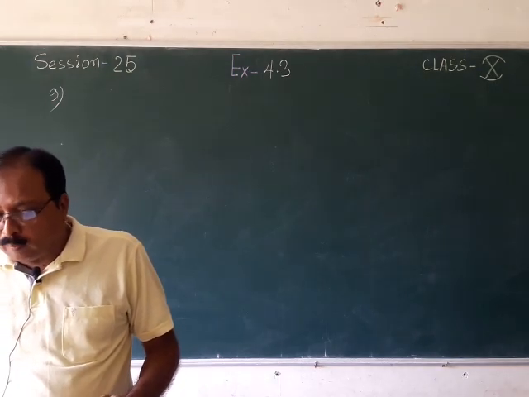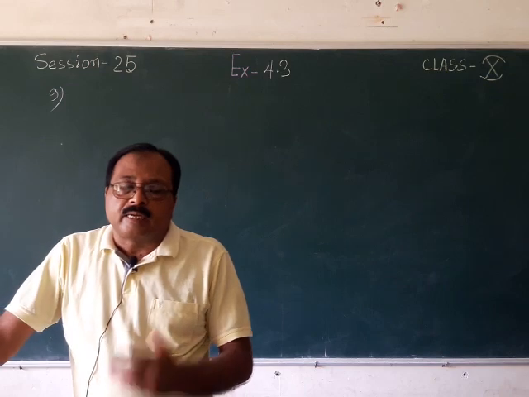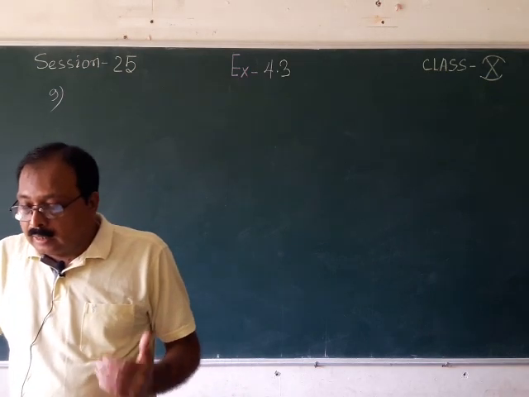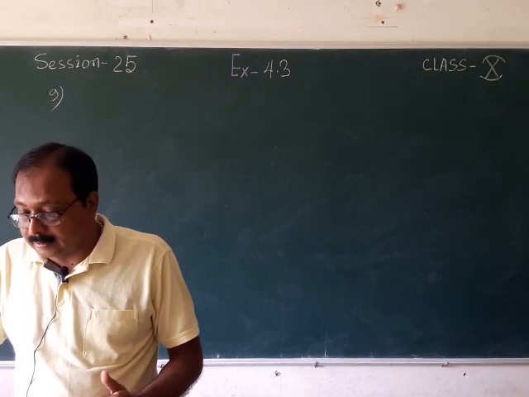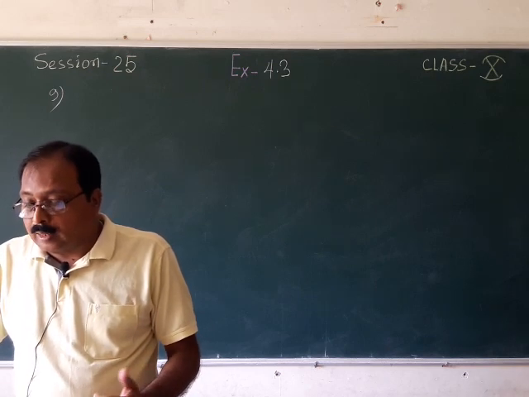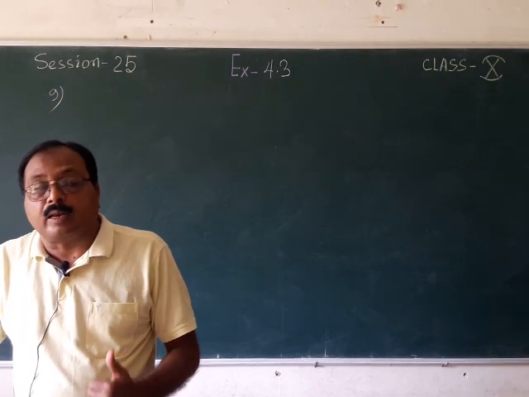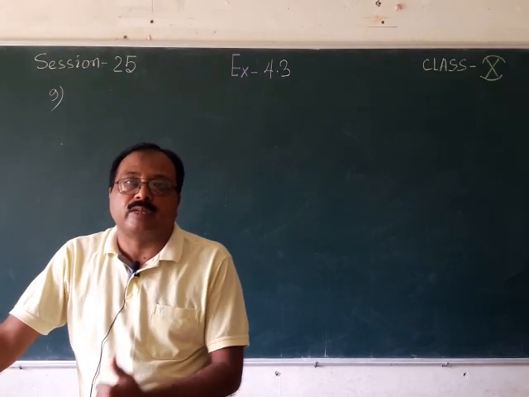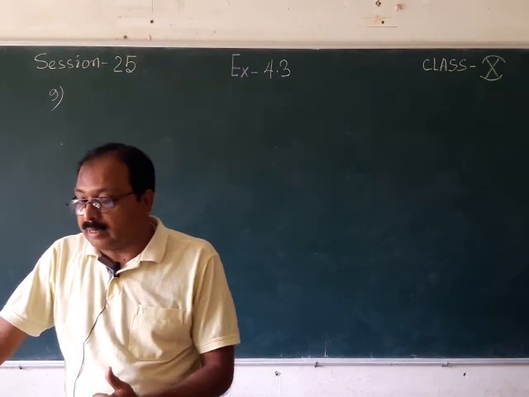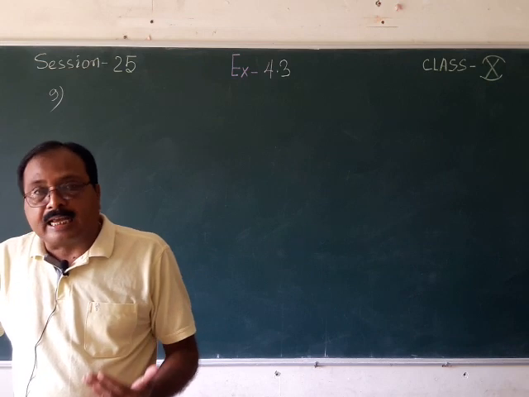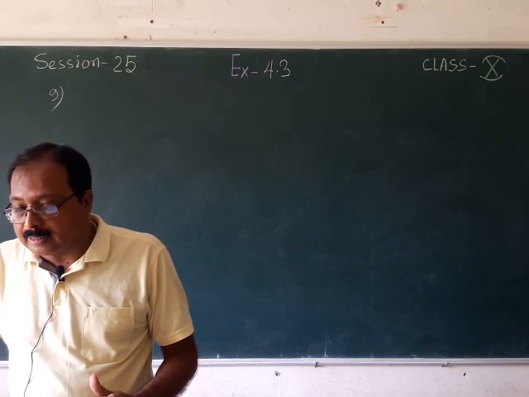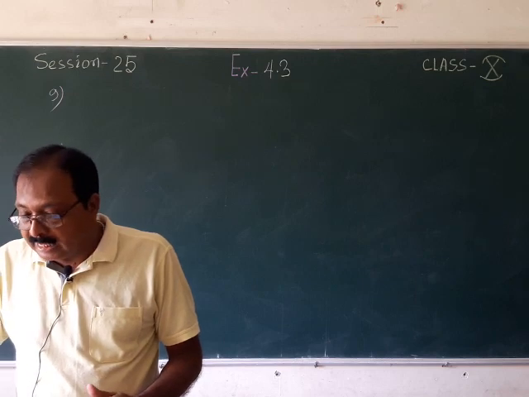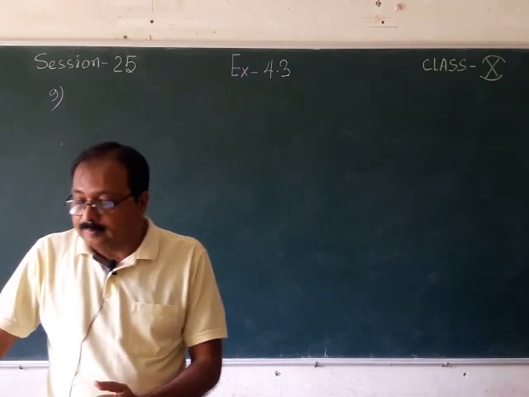Here suppose the larger tap can fill this tank in x hours. Then the tap with a smaller diameter can fill the tank in x plus 10 hours. Like that you have to take.